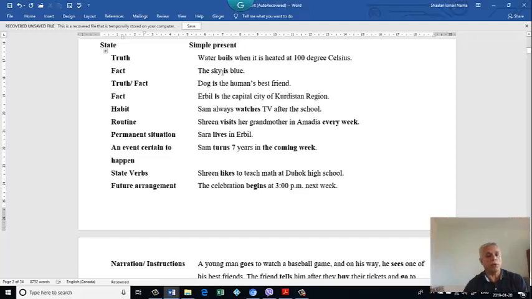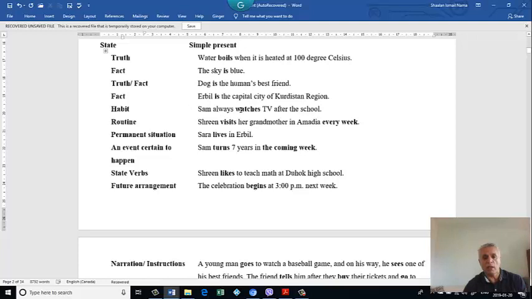The sky is blue. When we talk about truth or fact, dog is the human's best friend. When we talk about a permanent fact, for example, you say Erbil is the capital city of Kurdistan region.